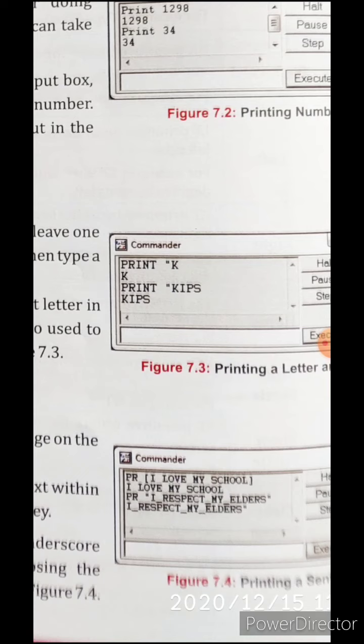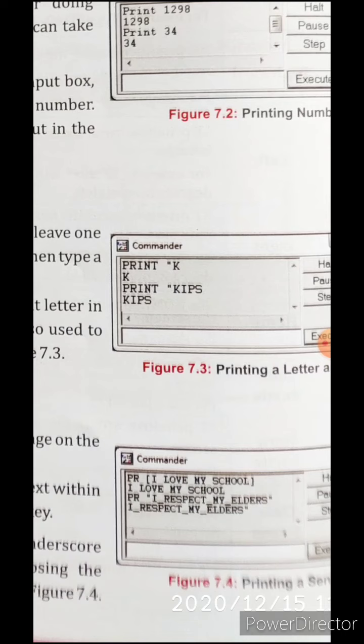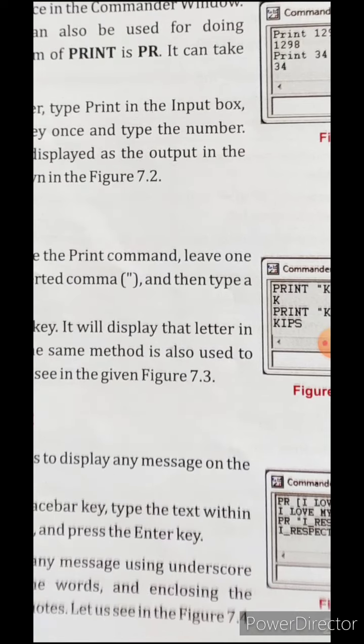But after writing all the words, you need to put an underscore so that it can be printed. See, PR space, inverted comma, I respect my elders, and then the quotation is closed. And after that, what output comes? I underscore respect underscore my underscore elders. That means I dash respect dash my dash elders. So we need to do it in this way.